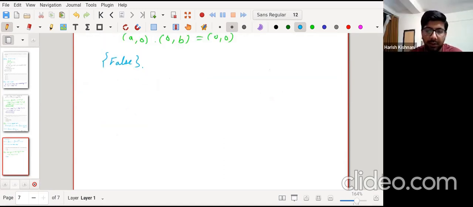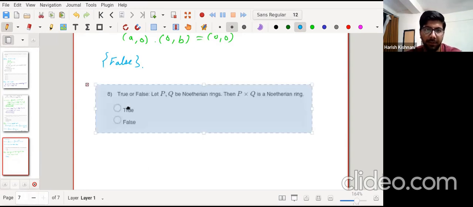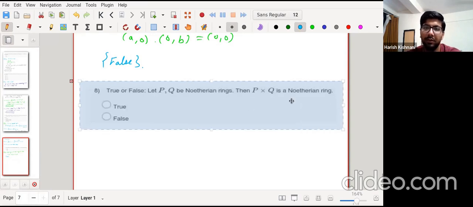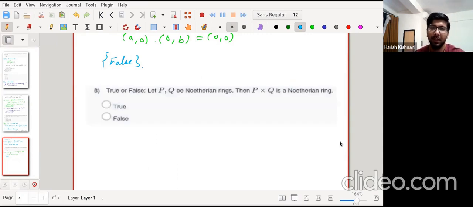So let's see the last question of this assignment. It says if P and Q are Noetherian rings, whether P cross Q is a Noetherian ring. So any guess whether this is true or not?